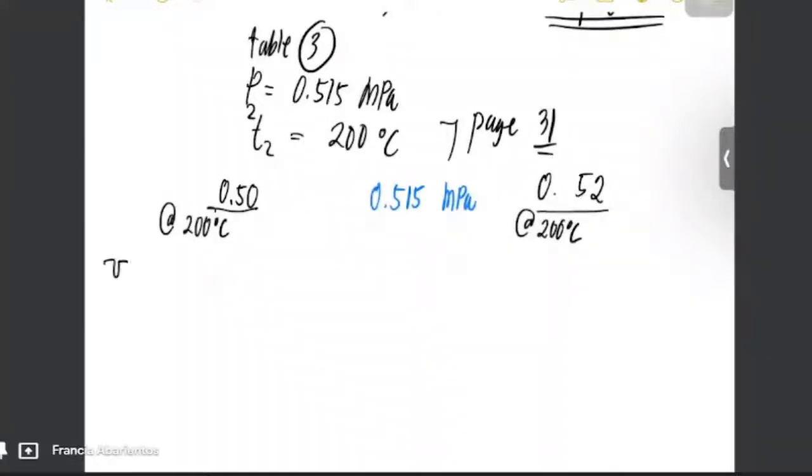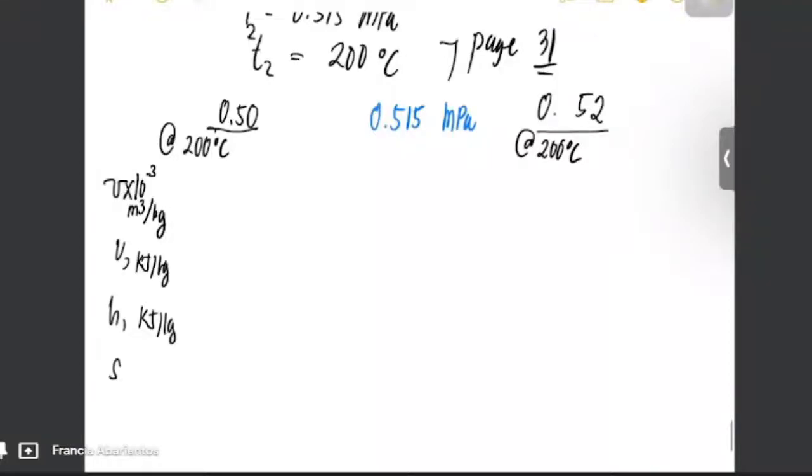Yung specific volume natin times 10 to the negative 3 cubic meter per kilogram. Yung U natin in kilojoule per kilogram, yung H natin, kilojoule per kilogram, and yung entropy natin, kilojoule per kilogram Kelvin.